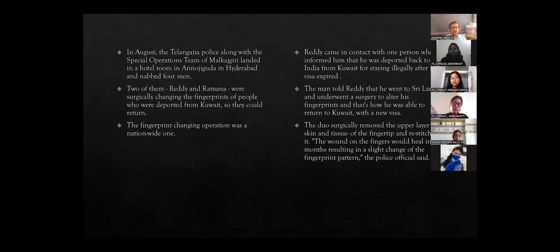The main issue of getting deported is they cannot go back to the country. They needed to go back for financial reasons, like one Kuwaiti currency is equal to 200 rupees in India. So to provide for their family, they sought out options, and one of these options led them to two men.